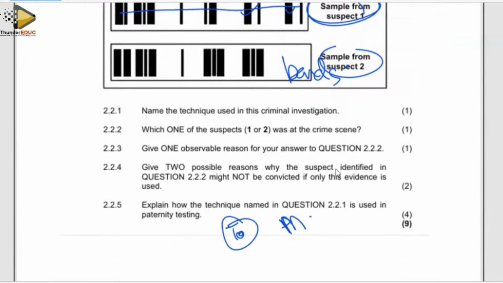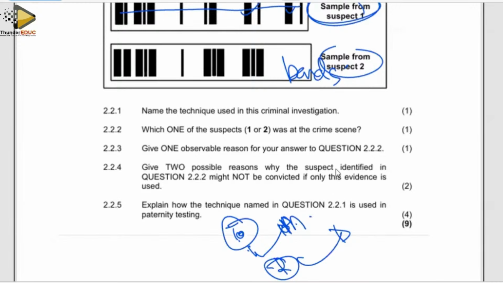So you remove all the bands which match between the child and the mother. The remaining bands of the child must match with the possible father. And if they match, then that will be the father. But if they don't match, then that suspected father won't be the father, because they don't match.